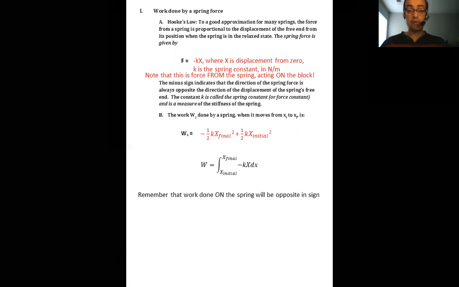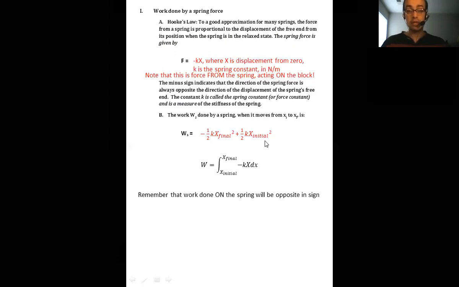If you ever get confused, all you have to do is plug in some value here in final and some value here in initial. And let's say that the final value of x is larger than the initial value. In this case, the work would be negative if you have x final being larger than x initial.